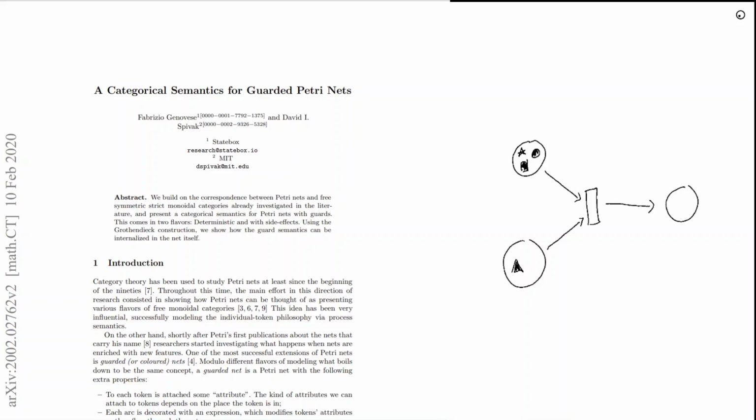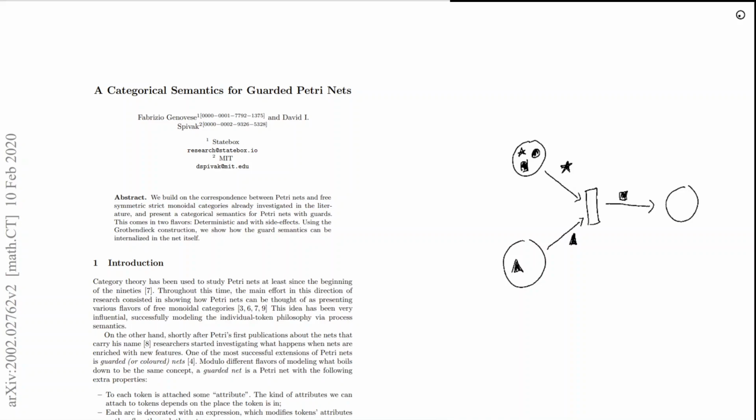And now inputs and outputs of transitions are decorated with guards. So what are guards? Guards are just like specifications of which token a given transition can accept. So for instance, if I write this, it basically means that this transition here will accept only star tokens from the place on the top.